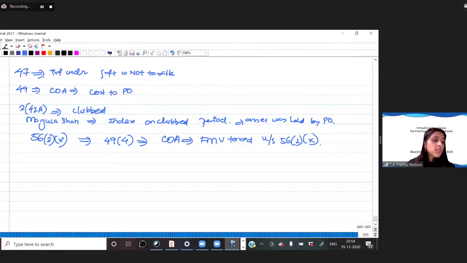Clear? And in that case, period of holding will not be clubbed. Is it clear? Period of holding will not be clubbed. Clear this much part?